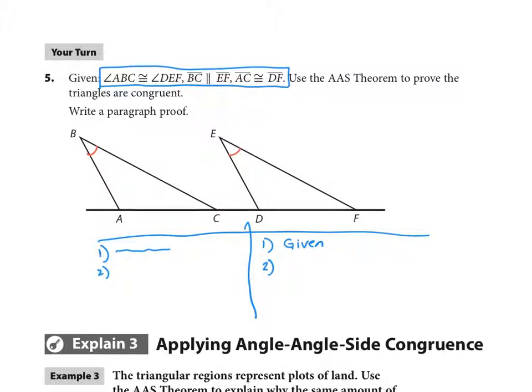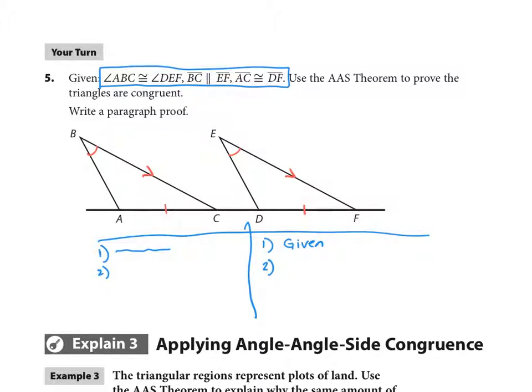And if you recall, the way we mark parallel lines on a picture is with these arrows. Those arrows do not mean the sides are congruent, so don't get that confused. We don't know that BC is congruent to EF. We just know that they're parallel, which means they have the same slope. And then AC is congruent to DF, those 2 segments.